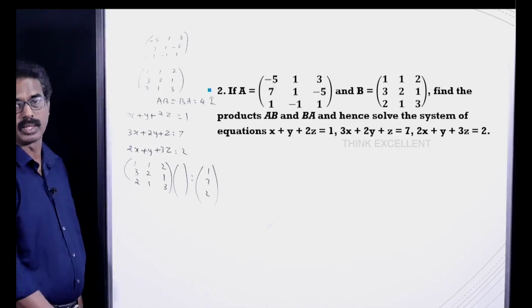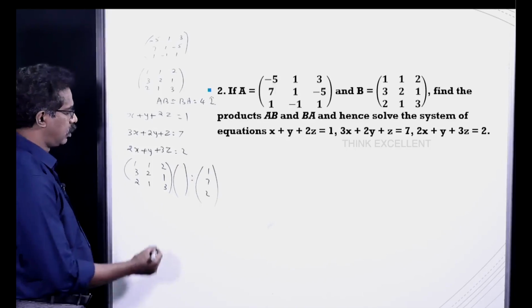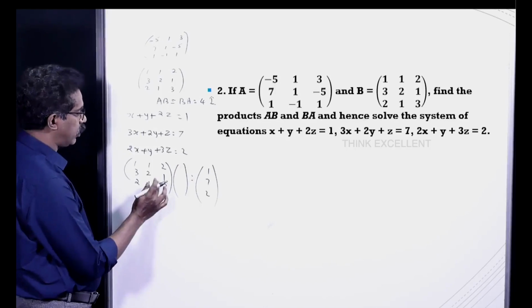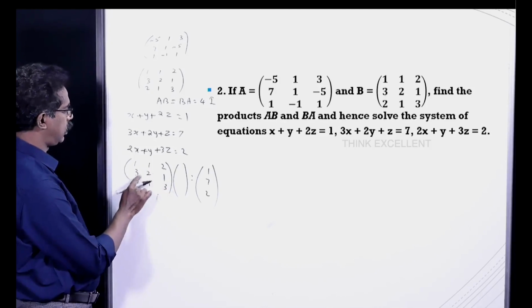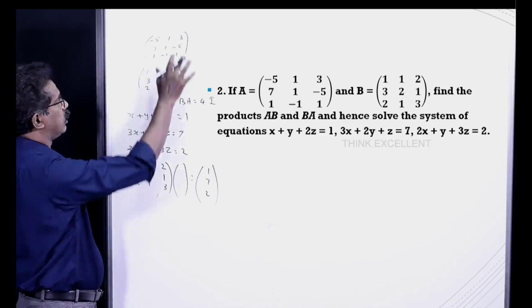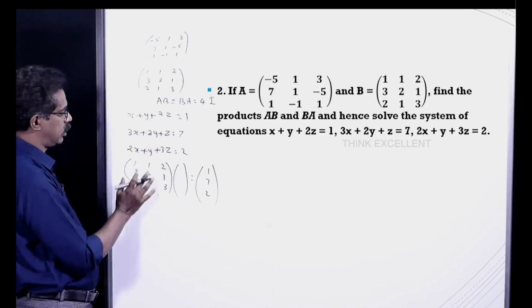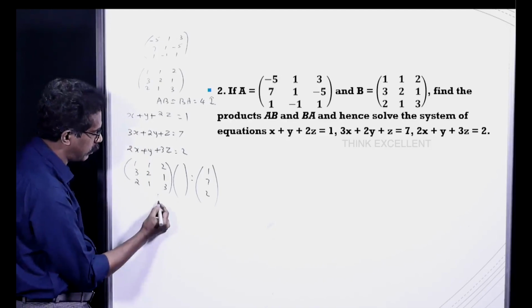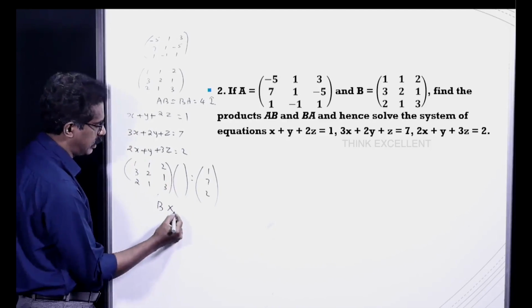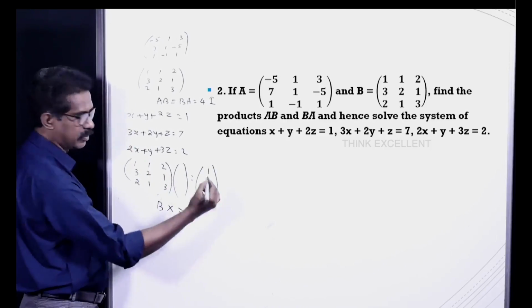Now this A is the same as 1 1 2, 3 2 1, 1 2 3. See, these are the 2 matrices we have to use. 1 1 2, yes, it is here. It is the same as B. So take this as B, and X equal to some C you write.